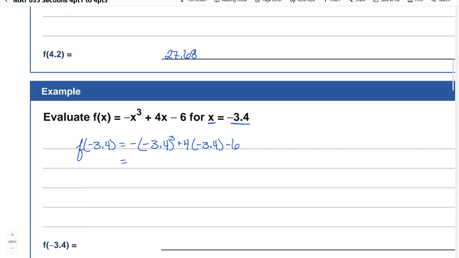And I'm literally going to plug that in the calculator just like that. And when I did that on my calculator, I got 19.704.